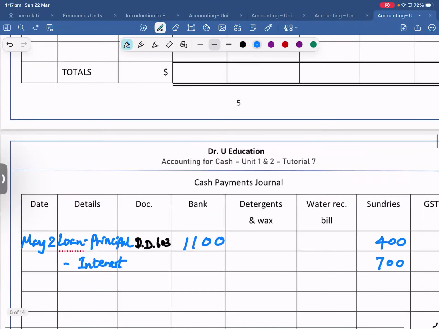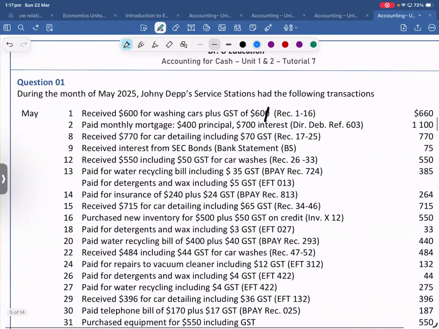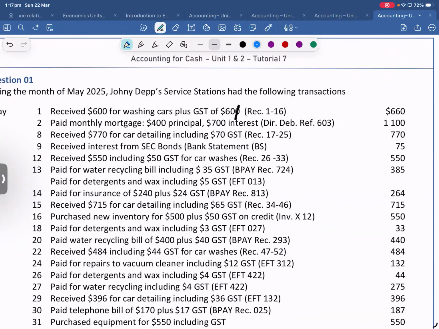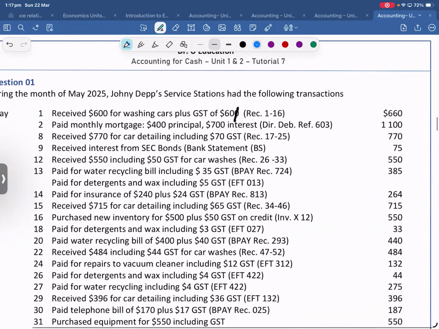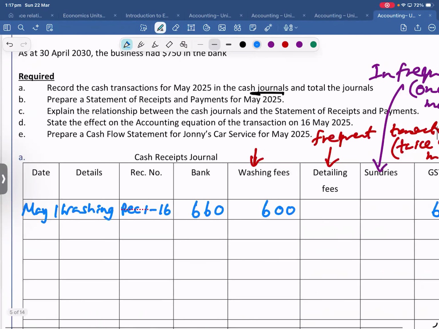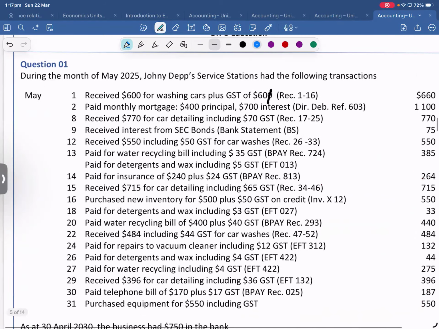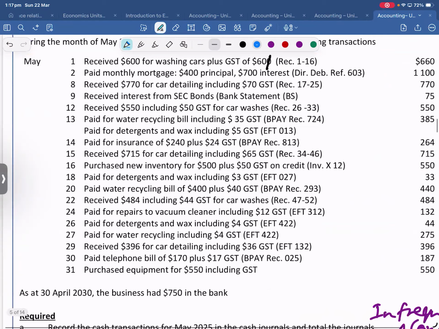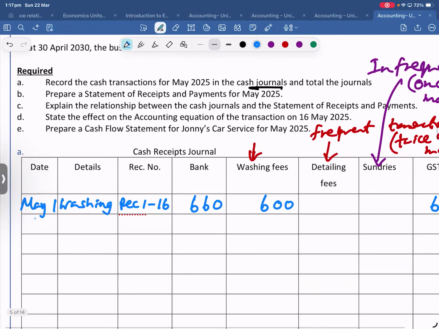Right. Then guys, this one: 8. Received 774 card detailing, including 70 GST. Then what will we do? Receipt. So this one, what is it? Receipts or payments? Receipts, yes. Once we have written the month, you don't have to write the month again, you just put the date.